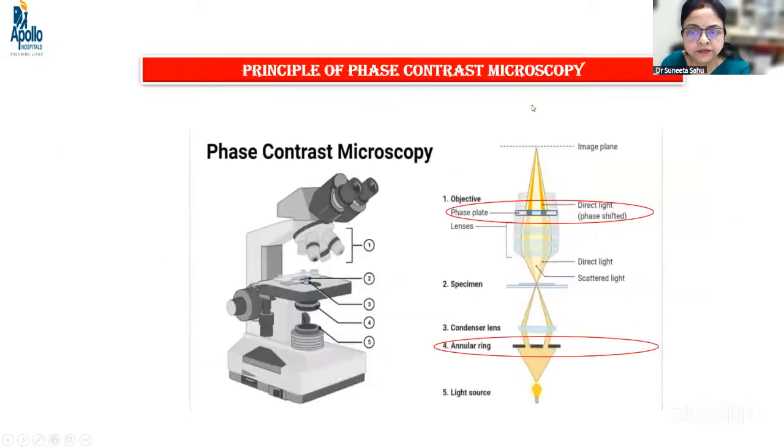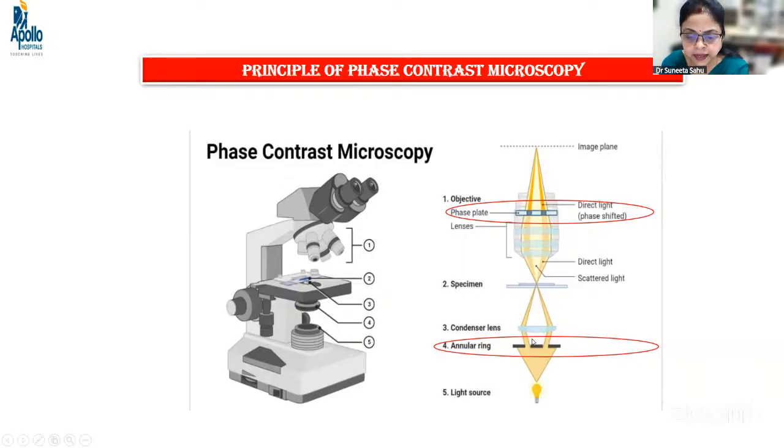Now, coming to phase contrast microscopy, in the phase contrast microscope we have an annular ring below the condenser, which is absent in the light microscopes. And another is the phase plate, which is present near the objective lens. Now, what happens when the light source enters the microscope?